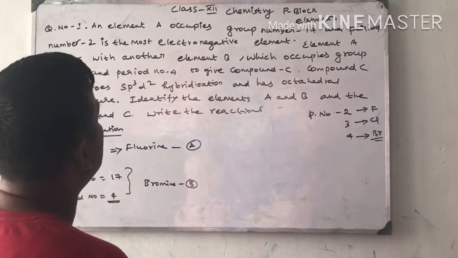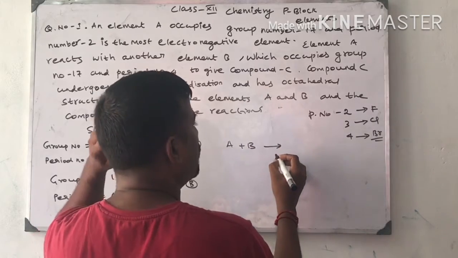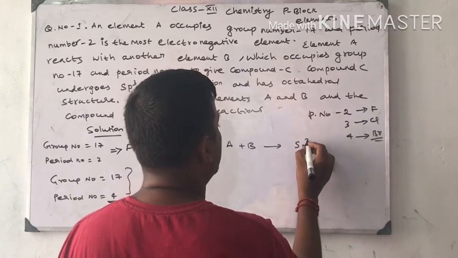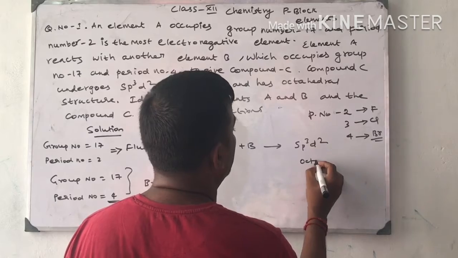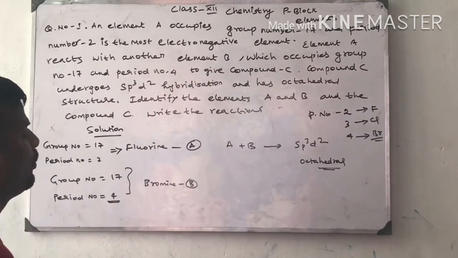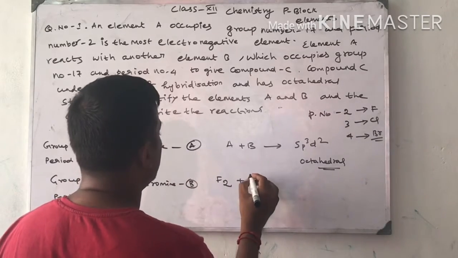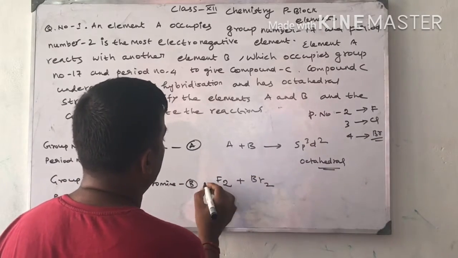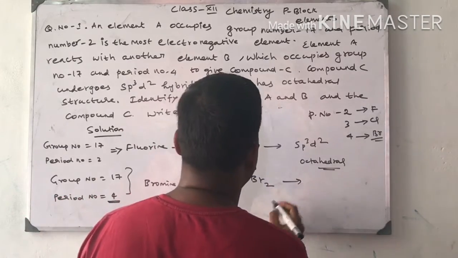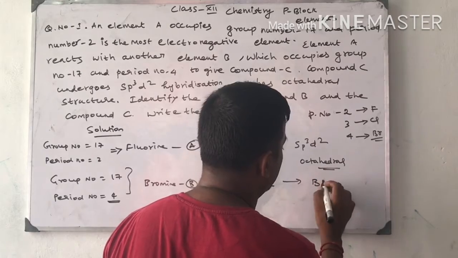Third question: A and B react to give a compound which is sp3d2 hybridized and octahedral in shape. This is what they are asking. Now what is A? Fluorine, F2. What is B? Br2. Here 5F2 and Br2 give BrF5.